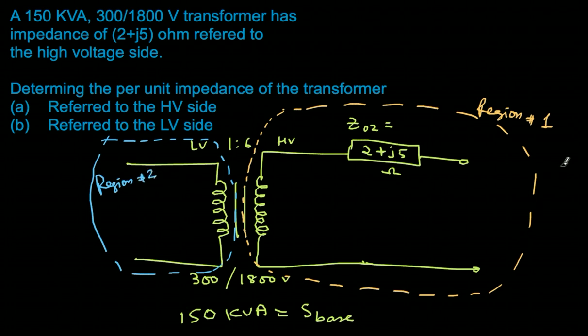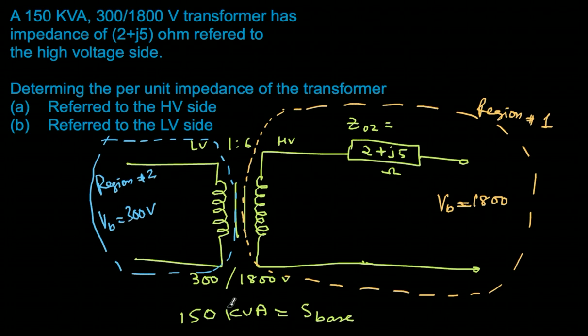Inside region 1, I define my base voltage, and inside region 2 as well. Here the base voltage will be 300 volts. Why am I taking 300 volts? Because the rated voltage is 300, I'll take the same as the base voltage. Consequently, the voltage base in region 1 will be 300, and since the ratio is 1 is to 6, 300 into 6, 1800 will be the voltage base in the second.